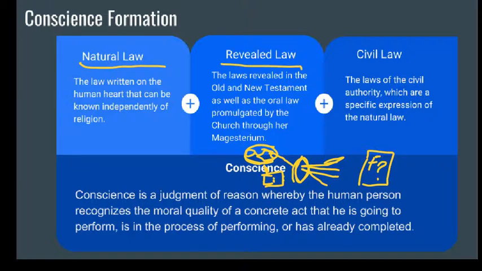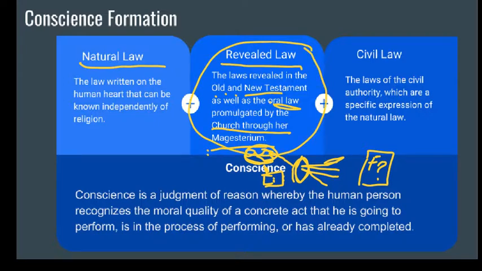There's the revealed law. This is the Old and New Testament, as well as the oral law promulgated by the church through her magisterium. Because of the fall, our ability to judge right and wrong has been a little bit tampered with. Synderesis should order us toward the good: do good, avoid evil.